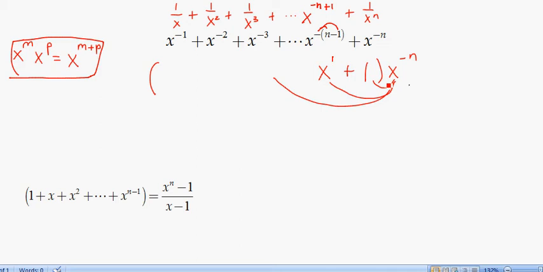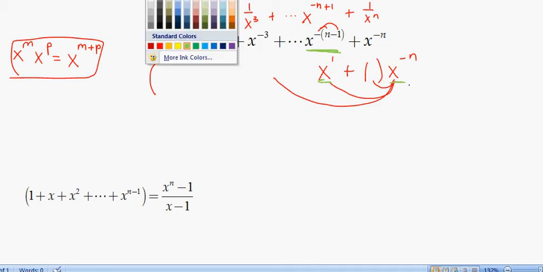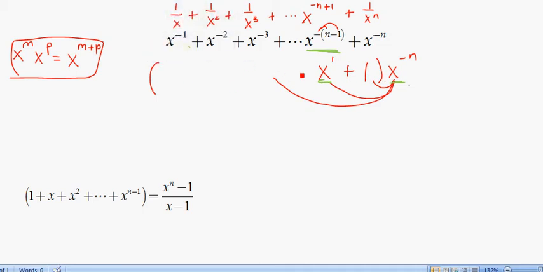So notice that if I factor out x to the negative n, this is equivalent to this second term here. So let me use a little color here. So this term is equal to this times this. And we want to just continue filling in these parentheses here like they did in the book, but I'm just trying to give a little bit more meaning to these.